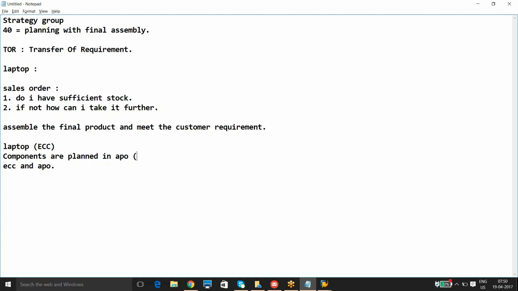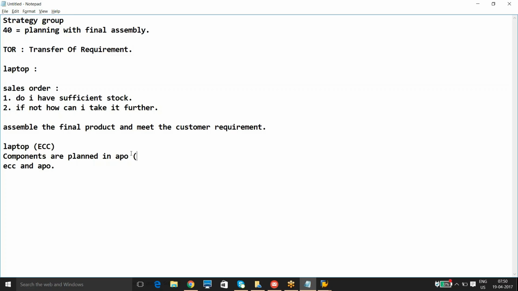The requirement class is also transferred from ECC to APO, and according to the transfer of requirement and the requirement class, we decide how the check mode and the check instruction will be configured and how the system understands it.